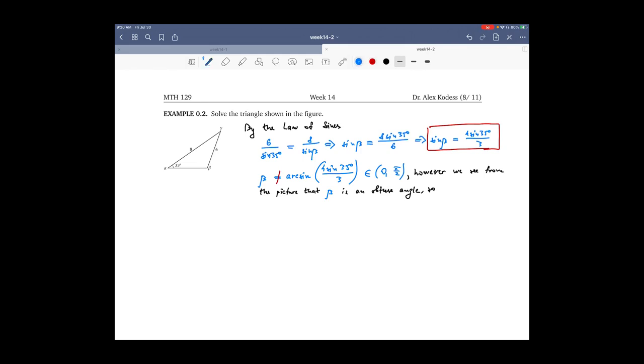Beta is pi minus that number, because pi minus that number is between pi over 2 and pi. And note, by the way, we wouldn't be able to solve this problem if we didn't see the picture. So our solution relies on the picture. So this gives us beta.